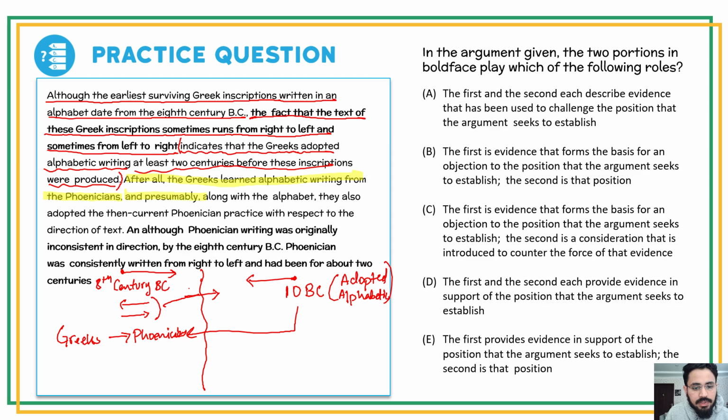And presumably, along with the alphabet, they also adopted the then current Phoenician practice with respect to the direction of the text. So presumably they did two things. They adopted alphabetic writing from the Phoenicians and also the direction of the text.